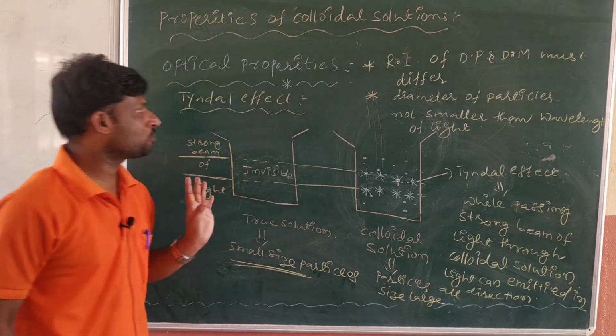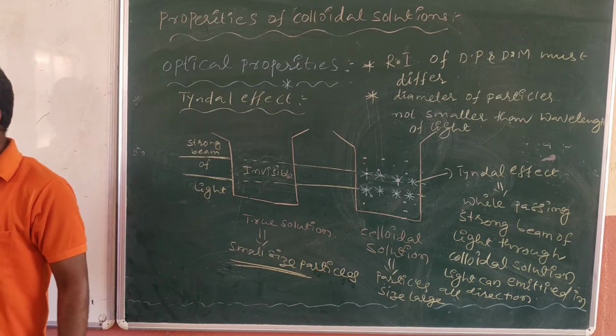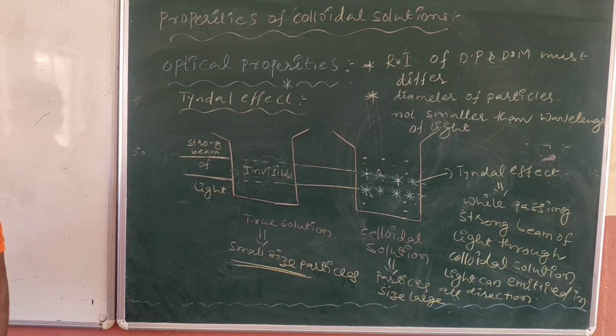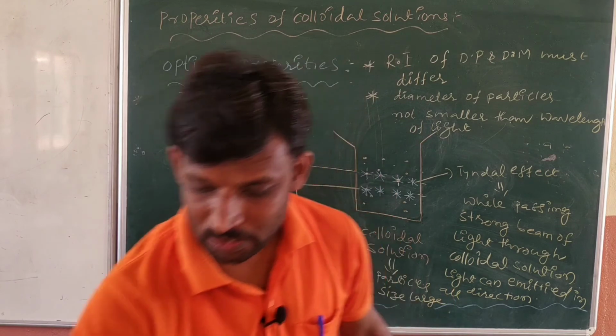Okay, now we'll go to the next point. The next property is the kinetic property. In the kinetic properties of sols or colloidal solutions, we will discuss Brownian movement. So what is Brownian movement, sir?